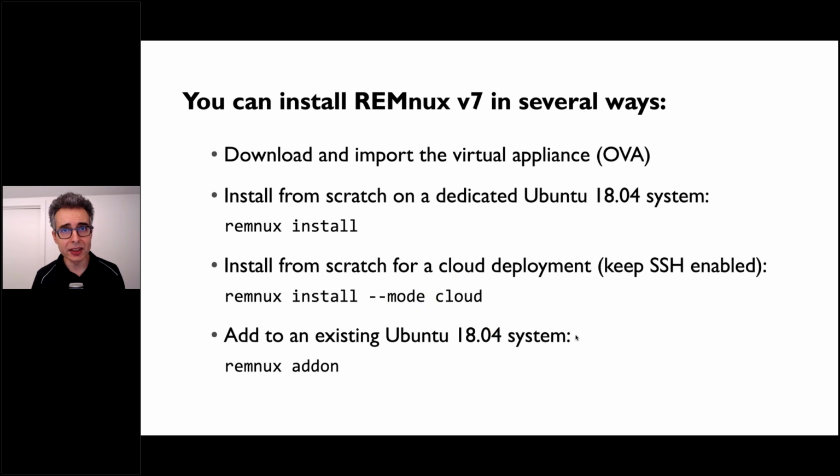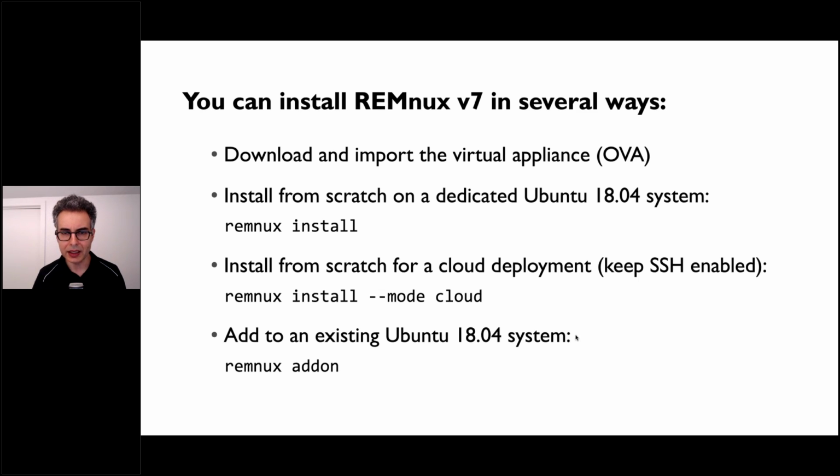The one thing that this will do beyond the typical default installation is it will not turn off SSH. When running REMnux in your lab, I suggest that you disable SSH unless you really need it. Then you can enable it for the duration of your experiments, perhaps. But in a cloud environment, people generally use SSH to remotely access their REMnux virtual machine. So --mode cloud will avoid turning off SSH.